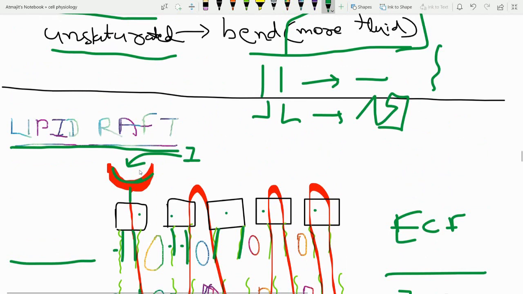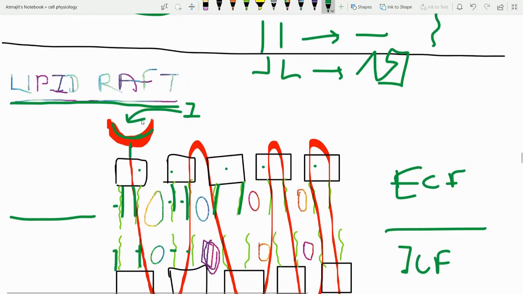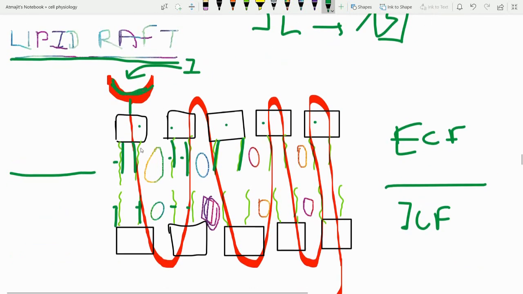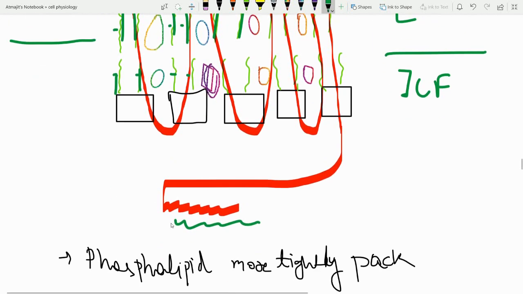If insulin or some other hormone comes, it will bind here. When a compound binds to one end of the protein, it can lead to changes in structures, RNA synthesis, or protein synthesis inside the cell. It is the receptor.